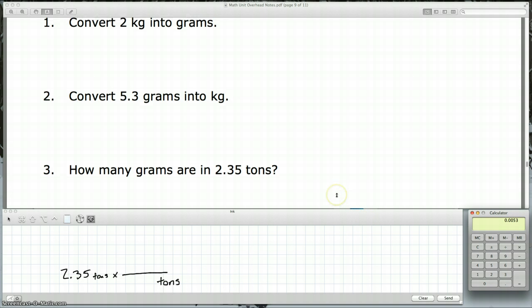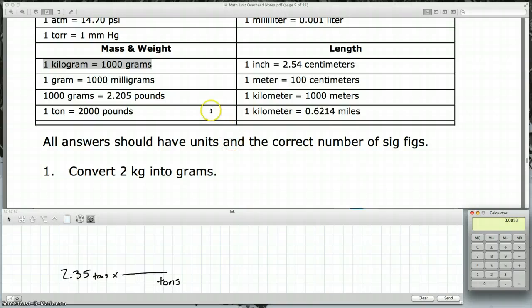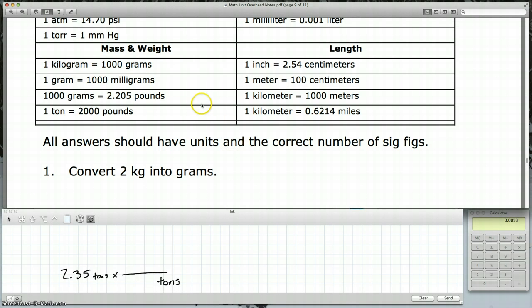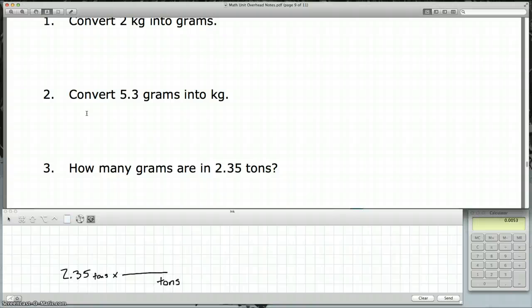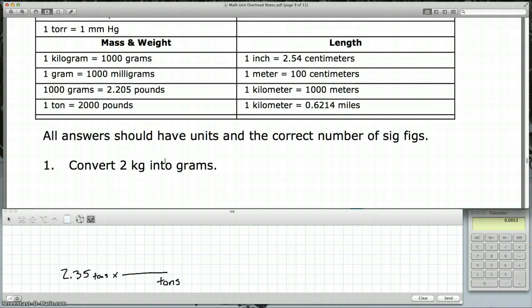Now one thing you'll notice, I'm trying to go to grams. If we look up at our table, there is no tons to grams conversion. So the only ton I see is right here, and I can go from tons to pounds. I'm not looking for pounds here, I'm looking for grams.